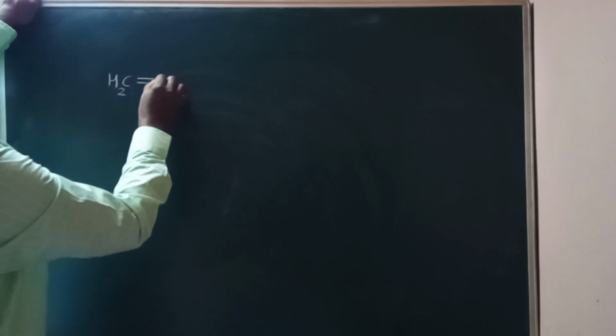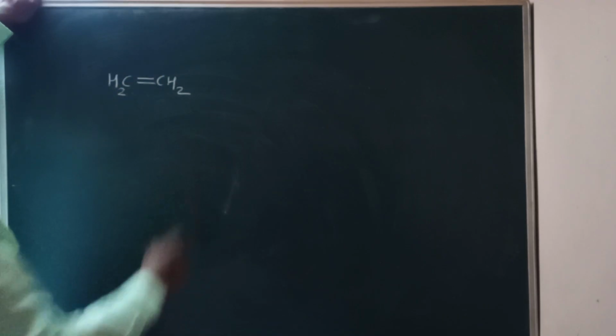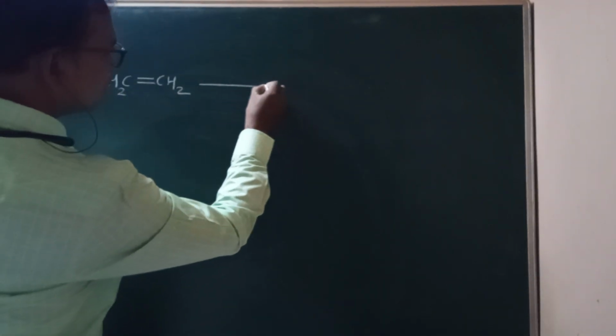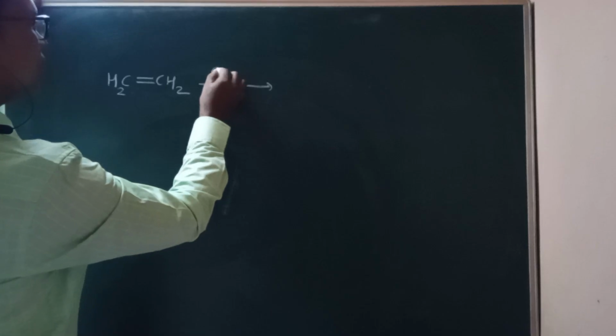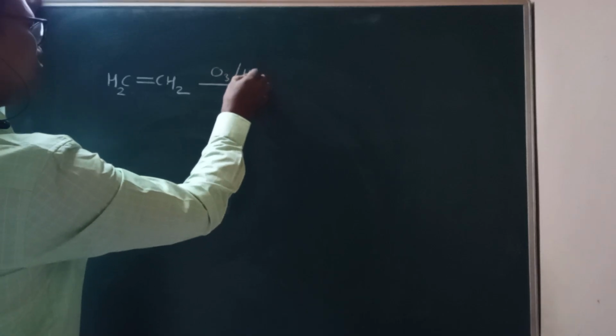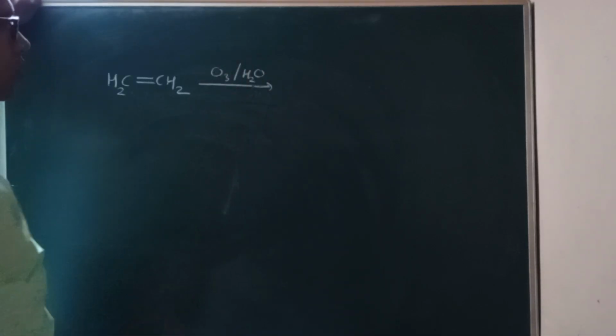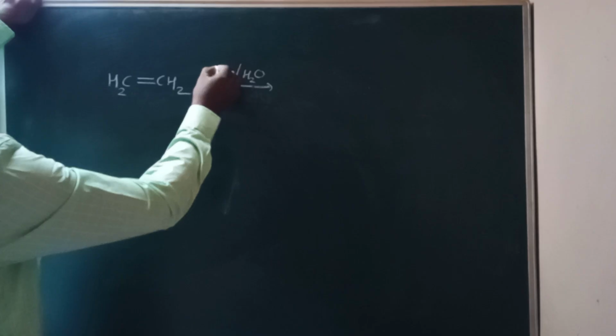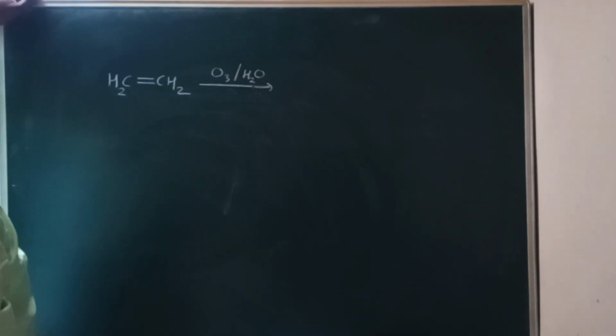CH2, let's start from a simple alkene. CH2 double bond CH2. It's a well-known alkene called ethene. If you find a question like this at MCQ level, O3 over H2O, they will not give you any solvent. Normally solvents and temperature conditions are given in most of the cases, in typical cases you'll find temperature conditions, pressure, etc. But in many cases, you'll not find the solvent on the arrow.